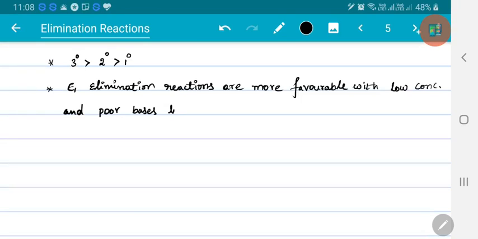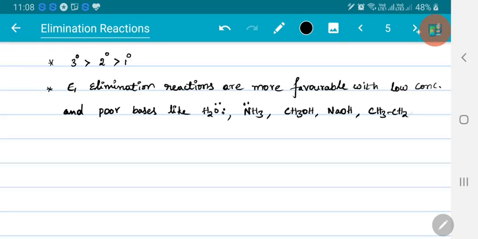So for example, water, or ammonia, or CH3OH, or NaOH but at very low concentrations. Or you can take ethyl alcohol, or substituted amines such as triethylamine.